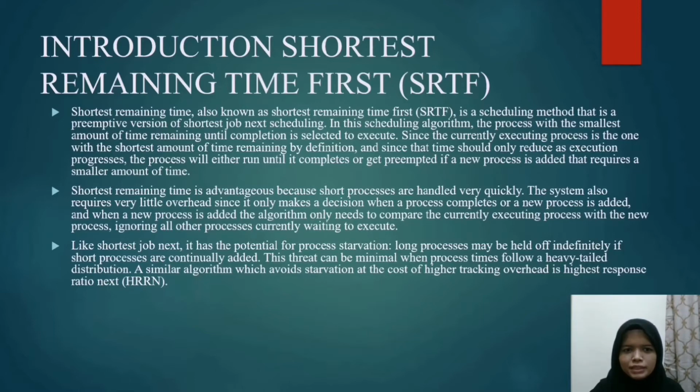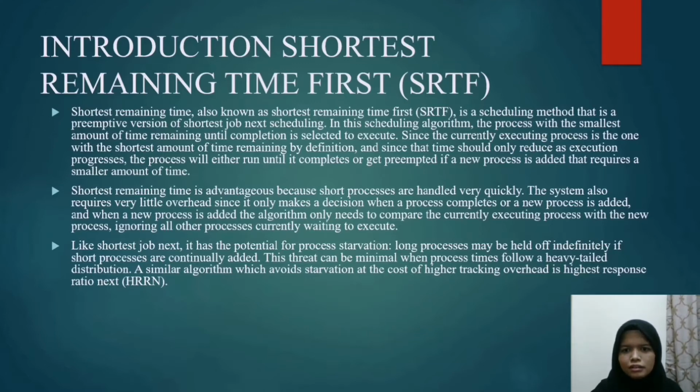Shortest Remaining Time, also known as Shortest Remaining Time First, is a scheduling method that is a preemptive version of shortest job next scheduling. In this scheduling algorithm, the process with the smaller amount of time remaining until completion is selected to execute.